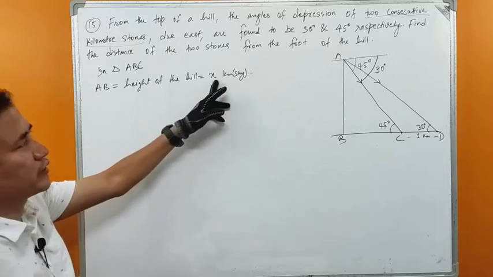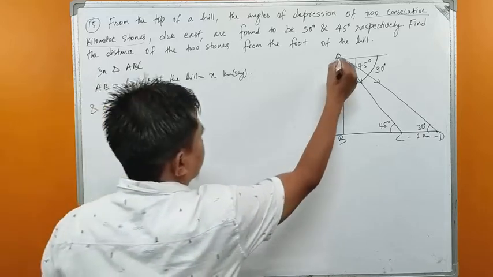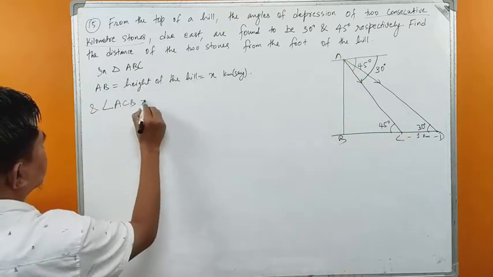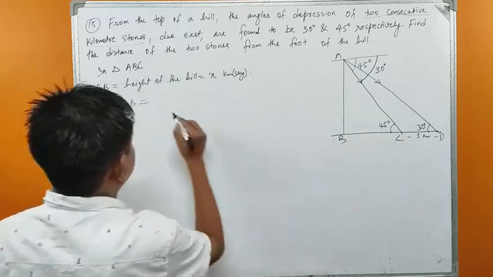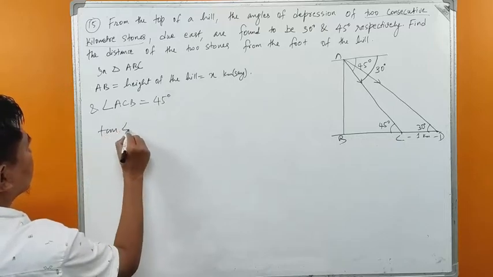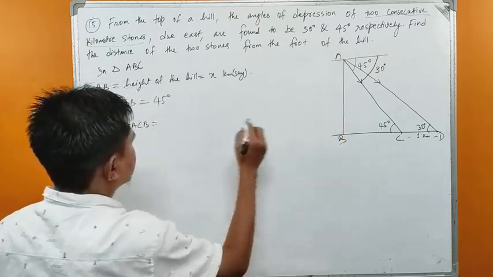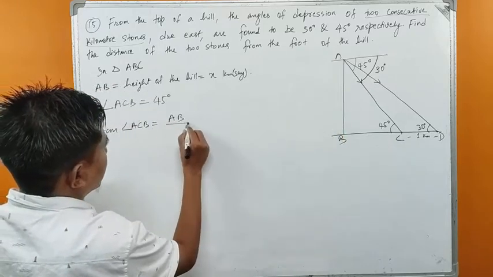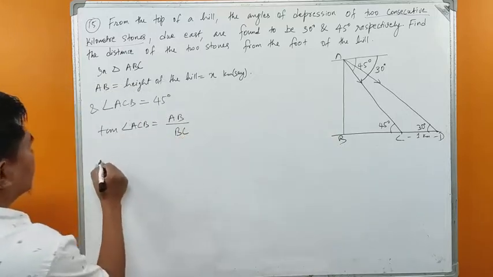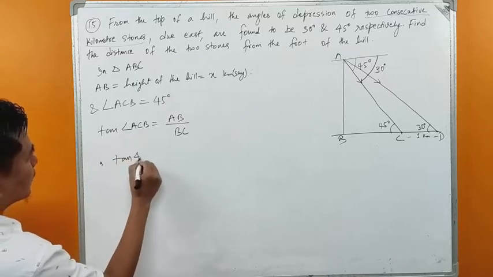We are just supposing x kilometer. Now, and angle ACB equals to 45 degree. So let us apply tan theta. Tan of angle ACB equals to perpendicular is AB, isn't it? AB by base is BC. So we have tan of ACB. Tan ACB means 45 degree.